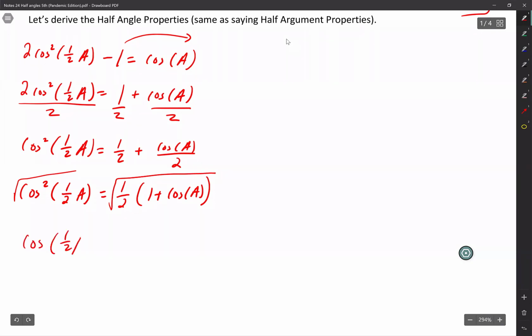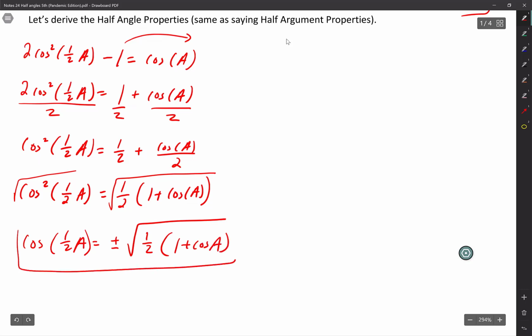And here is your half angle formula, guys. Plus or minus on the front, the square root of 1/2 times (1 plus cosine A). This is the one that I prefer. And let me write the one that Delta Math has.